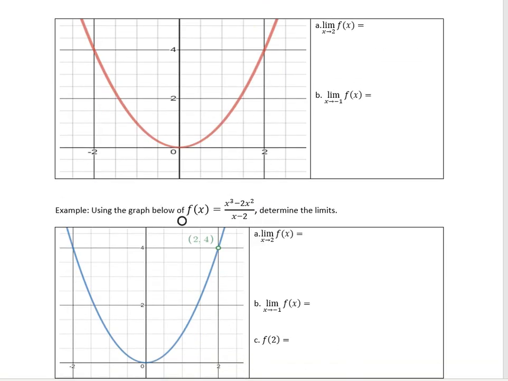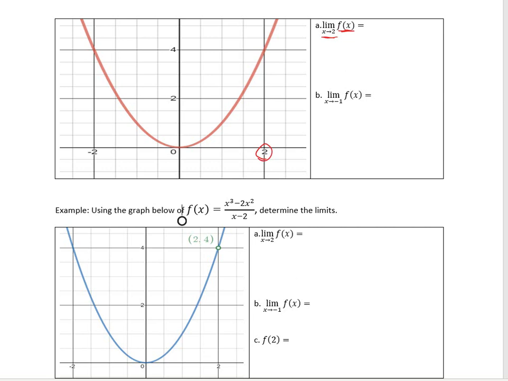If we look at this first example, we have a graph of the function x squared, so we have this beautiful parabola, and we want to determine the limits. What we want to know is what is happening to our y value, or f of x value, as x gets closer to 2.